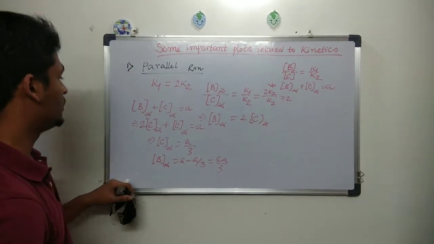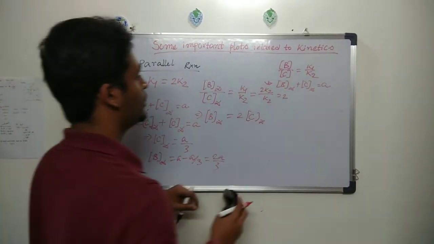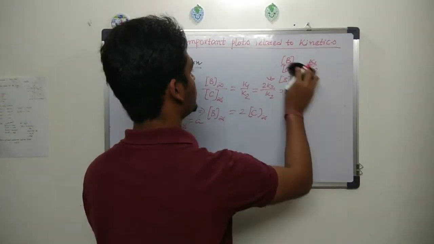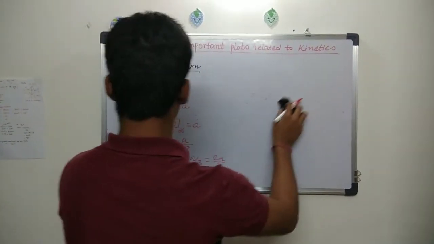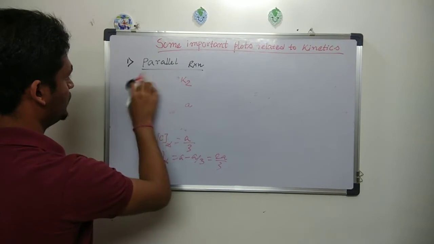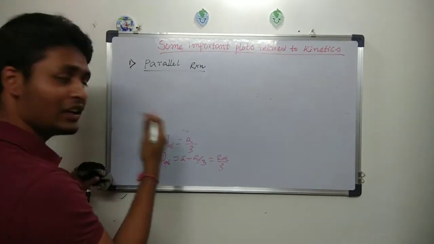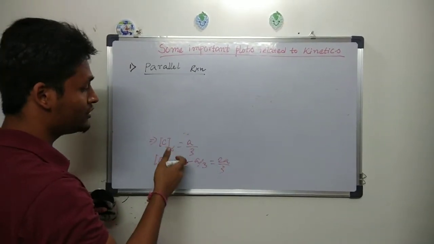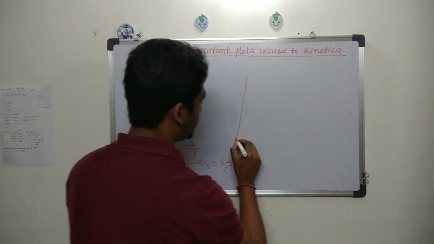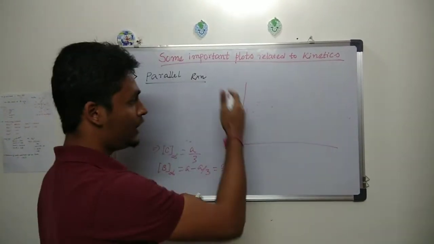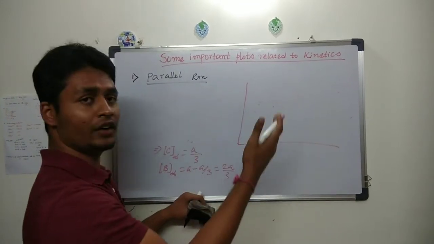Okay, so now let's draw the plot. What are the things I have? These two: at infinity, C will reach A by 3 and B will reach 2A by 3. Now this is my plot. Here A is only decomposing and B and C are forming.